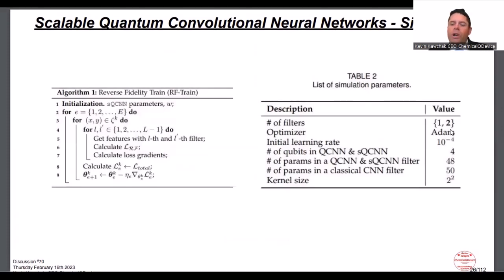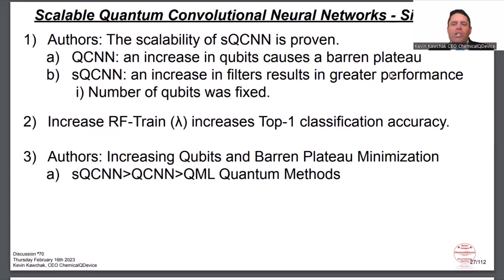And then you can see the table 2 here. What stands out in parameters here, you're only using 4 qubits, right? This is a 4-qubit quantum simulator. Number of parameters 48, number of parameters in the classical CNN filter 50, kernel size 2 by 2. When you're doing quantum networks like this, there's a better relationship between the number of qubits used, filters, features, these types of things.